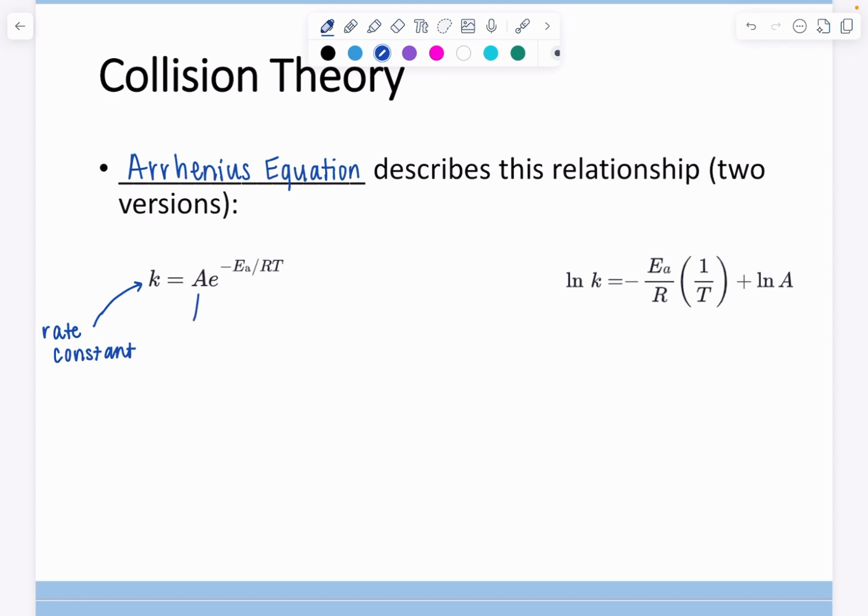A is a frequency factor, having to do with collision frequency. Ea is activation energy. T is temperature in Kelvin. And then R is the gas constant.